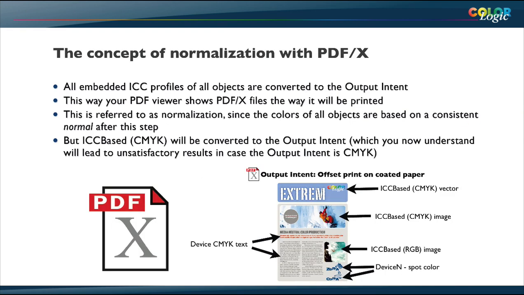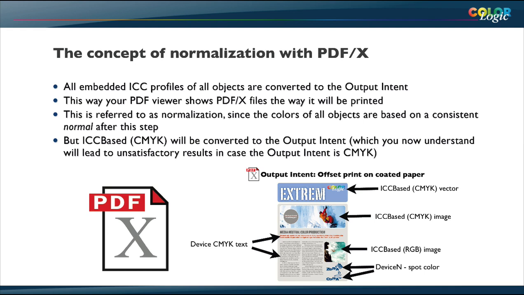Stepping one step back, we've looked at RGB, we've looked at CMYK, and now why we need this as base information is because we talked about this as well. From a PDF/X point of view, there is a thing that is called normalization.